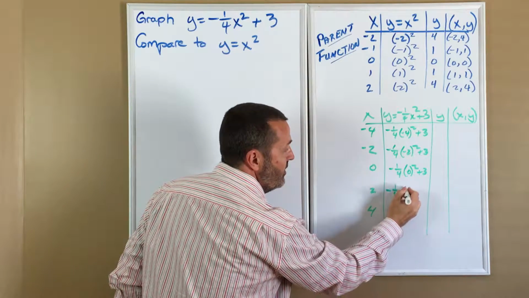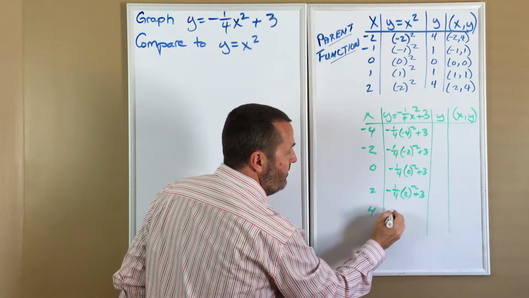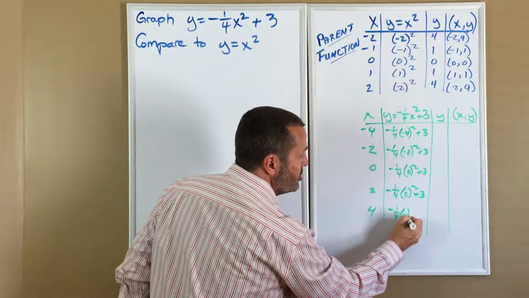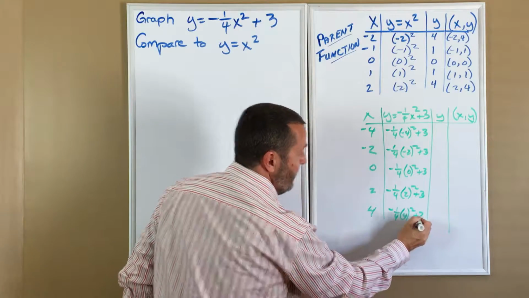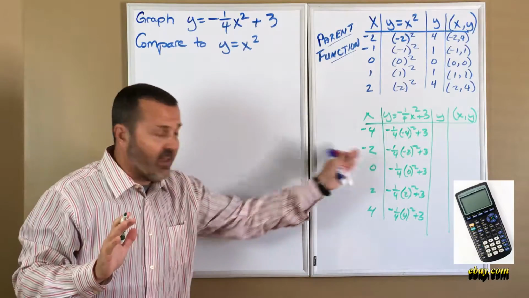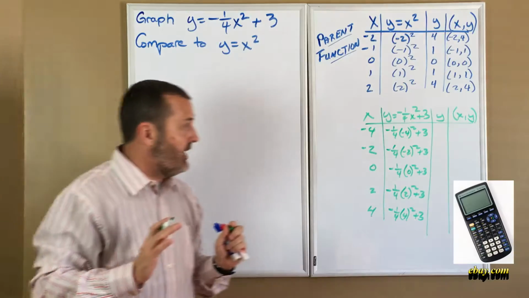Negative 1/4 times 2 squared plus 3. Negative 1/4 times 4 squared plus 3. Calculators are our best friends. We will use our calculator in class to figure out all of this computation right here.